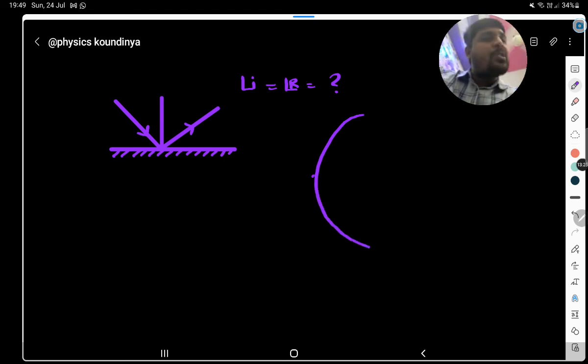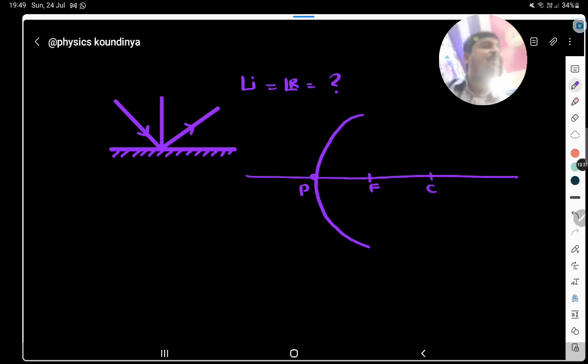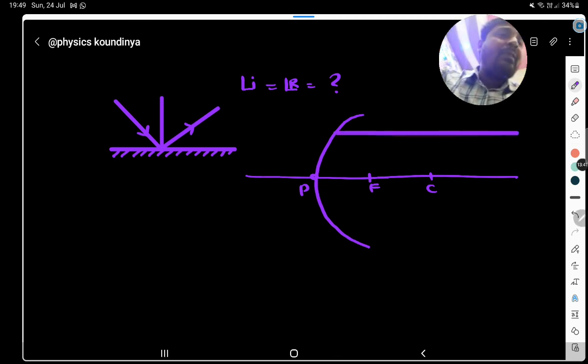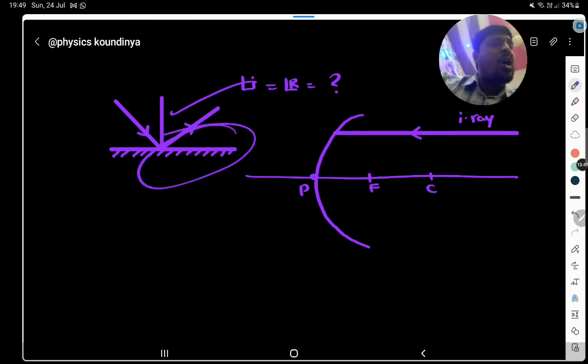Okay, now this point is what we called as P. This is called as F and this is called as C. So now we are going to understand how you are going to say angle I is equal to angle R here. See, let us take, this is our incident ray. Now, in this case, we have normal because normal is perpendicular line.